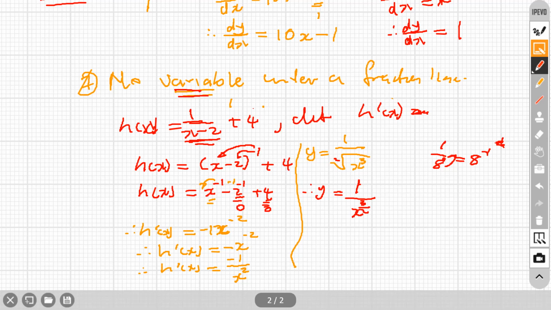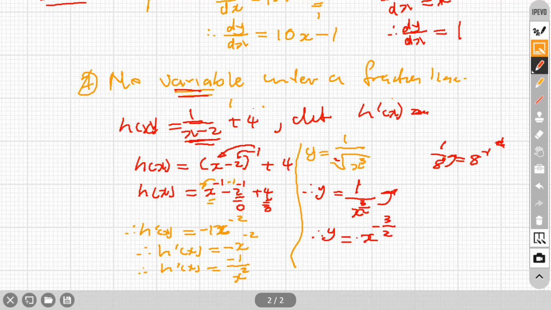Then we said no variable under a fraction line, so we have to bring this x on top. So y is equal to x to the power of negative 3 over 2.